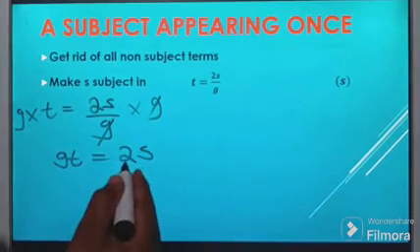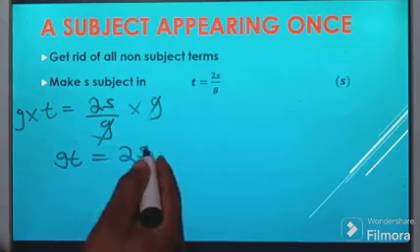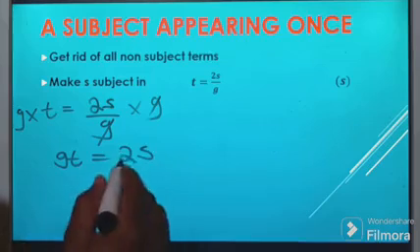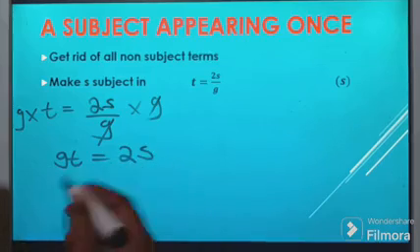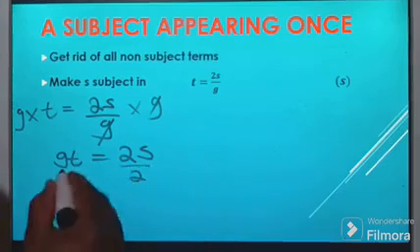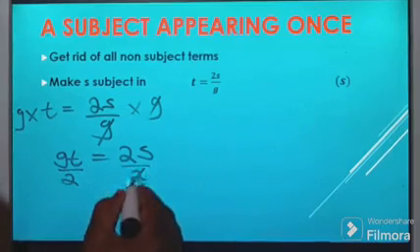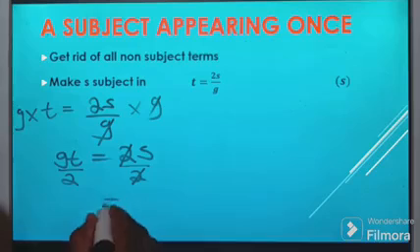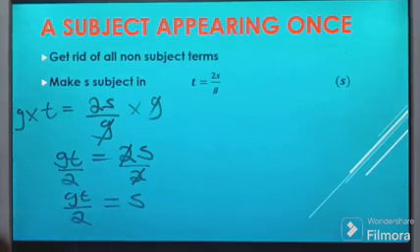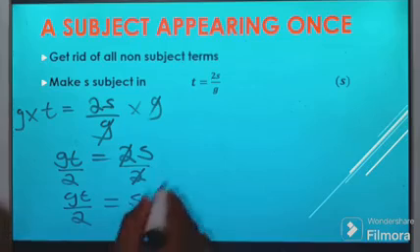Next step, we need to get rid of 2. 2 is multiplying with S. So since 2 is multiplying S, we do the opposite of multiplying. We divide 2 both sides, and we have got there only S, and GD over 2. S is now alone, everything has gone to the other side, therefore we are done.